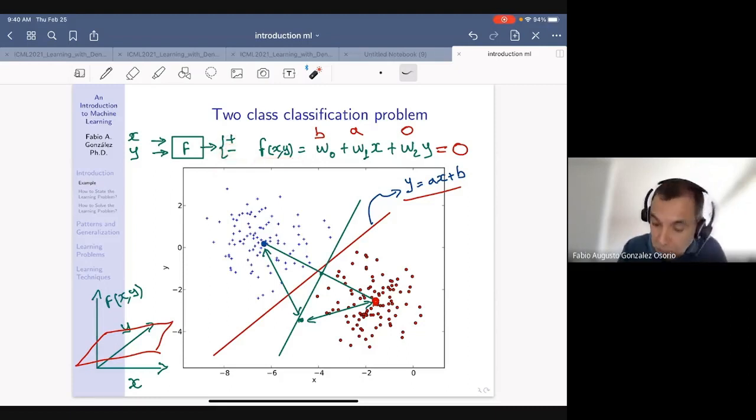So the boundary is exactly where the function is equal to 0. If we make the function equal to 0, what we get, as Juan Sebastián said, is that A will be, let's see. Let's do the algebra quickly here.